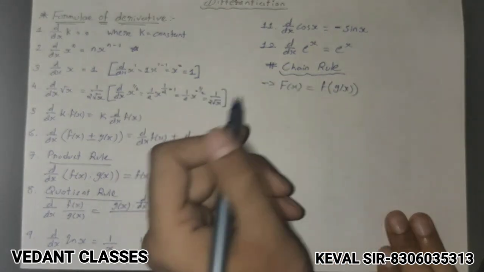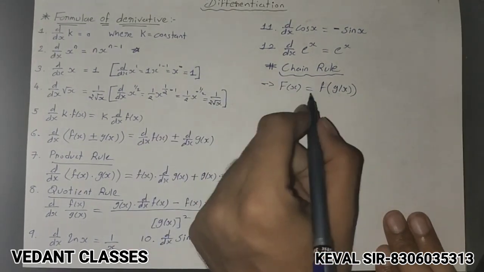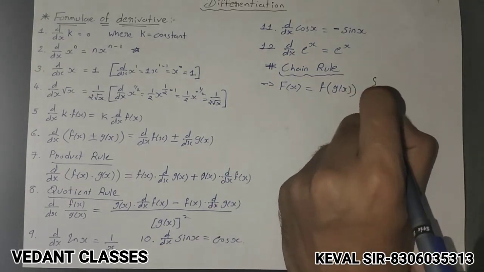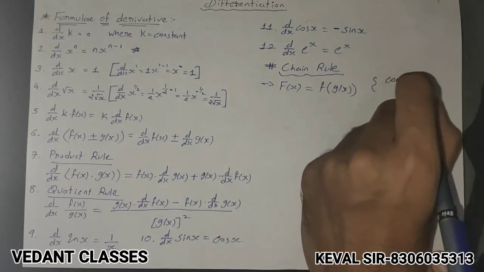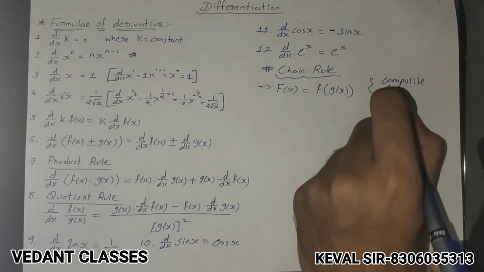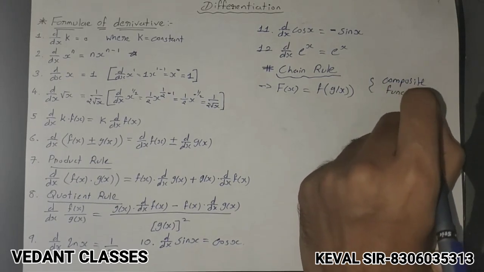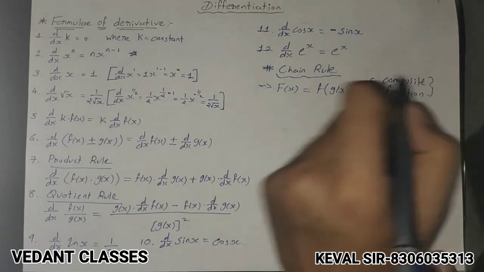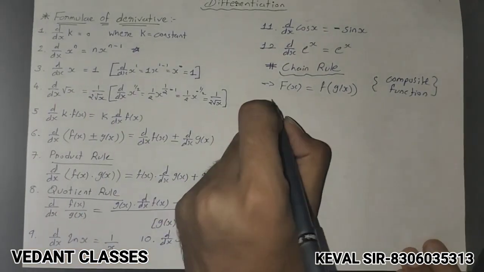So two functions are there. This type of function is called a composite function. Now let's see how to carry out the derivative of this kind of function.